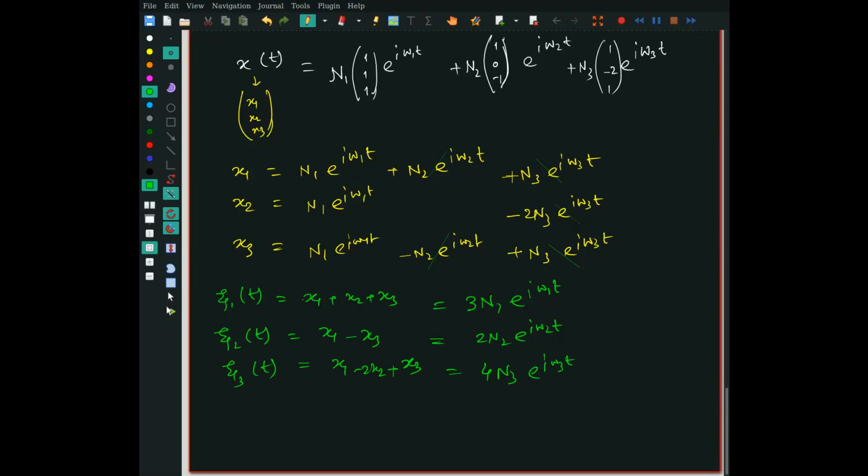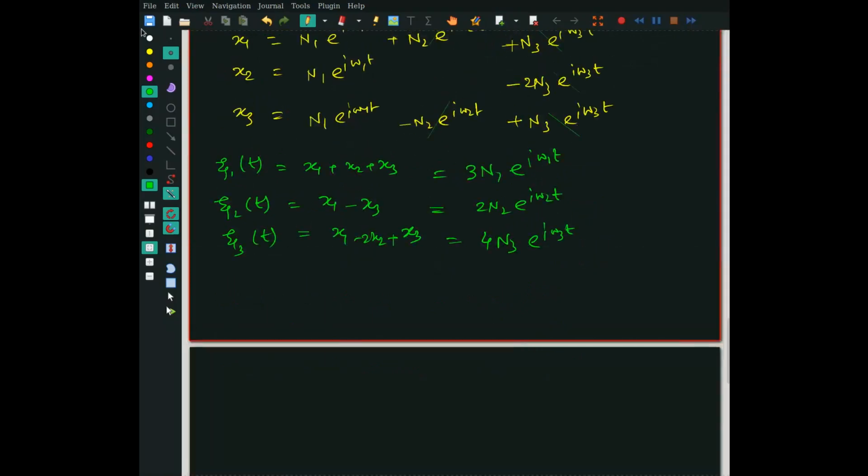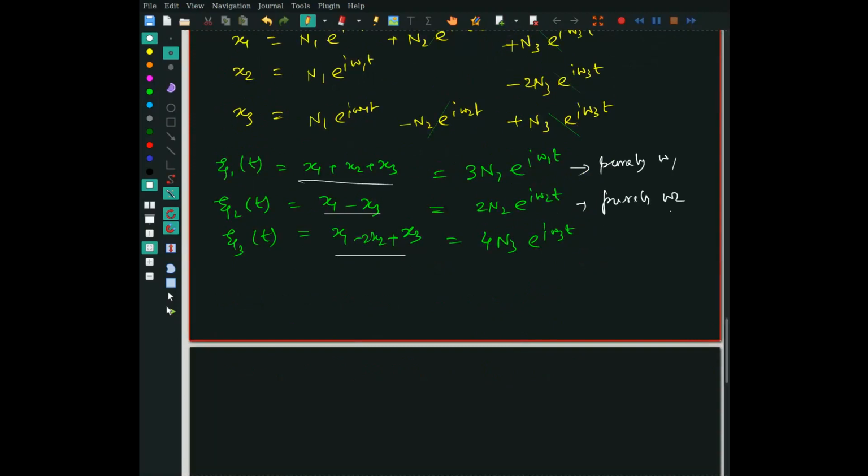So notice that the normal coordinates are linear combinations of the original coordinates. This vibrates purely with frequency omega 1, this is purely frequency omega 2, and this is frequency omega 3.